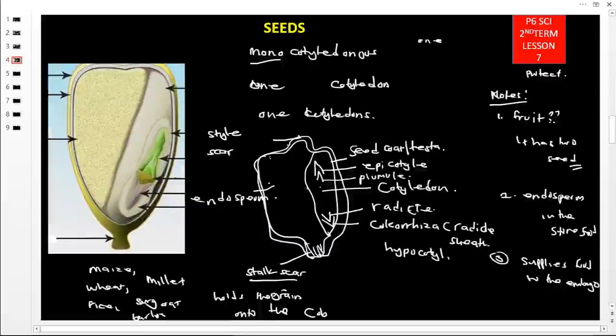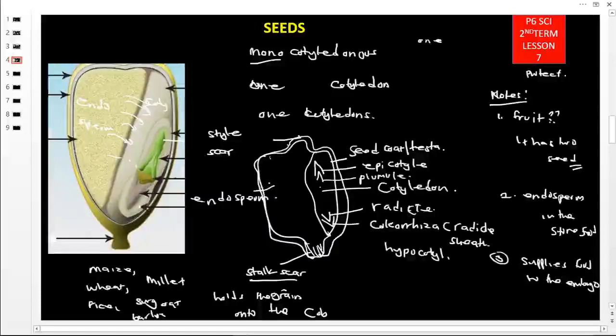Now let us compare what we have named here with this one. This entire part you are seeing here is what we have called the endosperm, storing food. This one here is our cotyledon, so it will absorb food from the endosperm and supply it to the embryo. This one is what you call the coleoptile or the epicotyl.